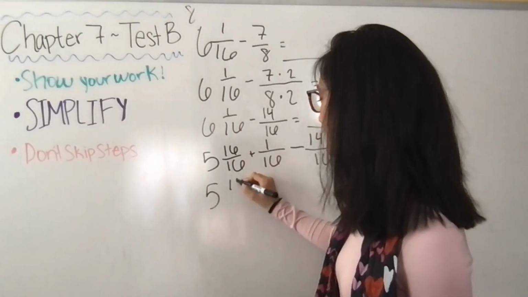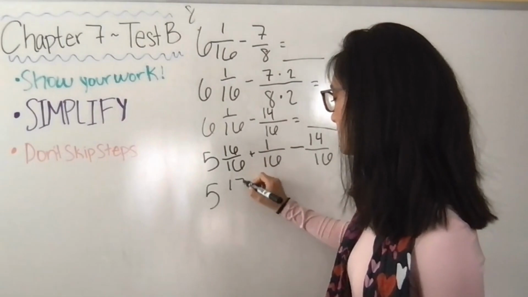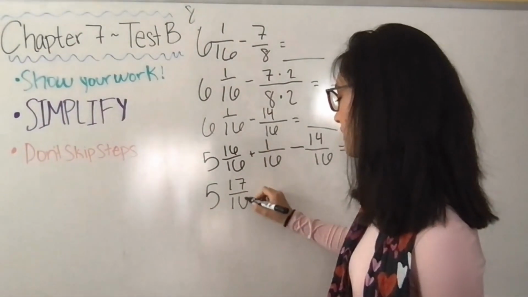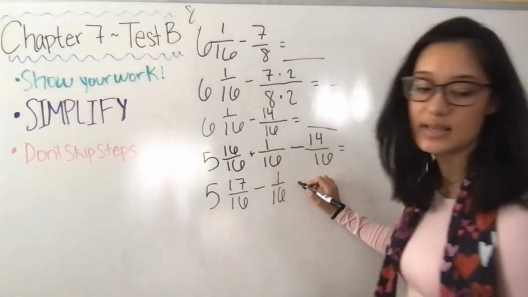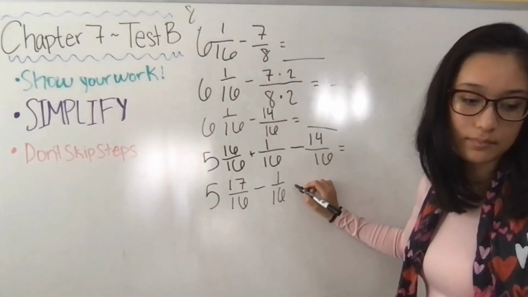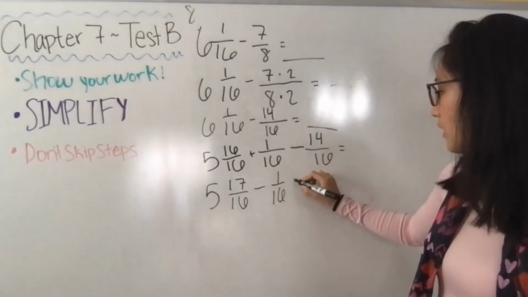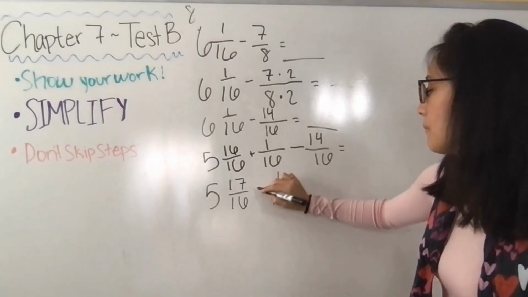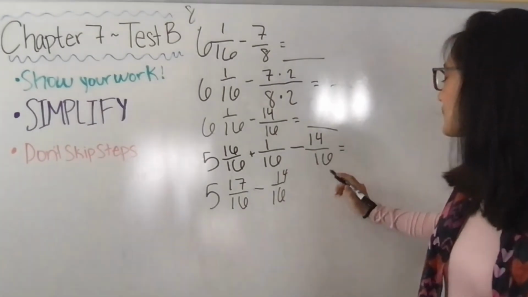5 and 16/16 plus 1/16 is 17. 5 and 17/16 minus 14/16, not minus 1/16.